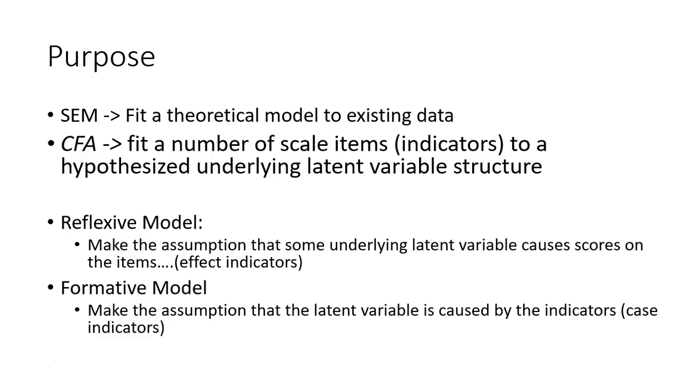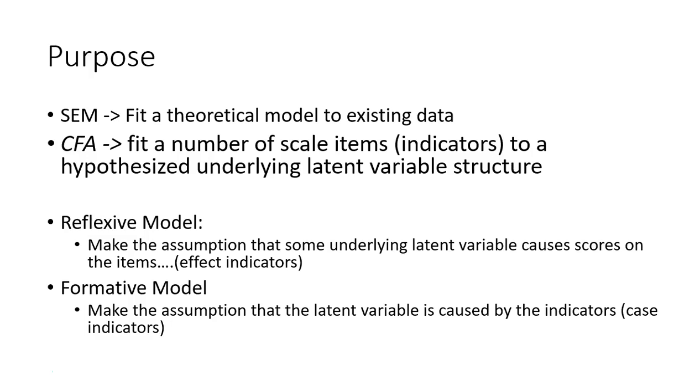When I say indicators in this context, most often what we're talking about is a number of scale items. So for some given measurement instrument or scale, the CFA allows us to ask how a particular underlying structure fits the data. You remember we talked about how indicators can either be the effect of a latent variable or the cause of a latent variable, and that's called a formative model.